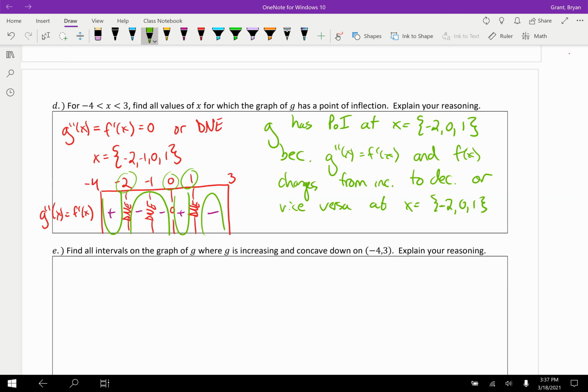Right? Going through this, I wanted to explain how we used the graph given to find that, but we also needed to connect f, or f prime, to g as well, which we did over here, and you could probably get away with it without putting that there, but you should put it somewhere.